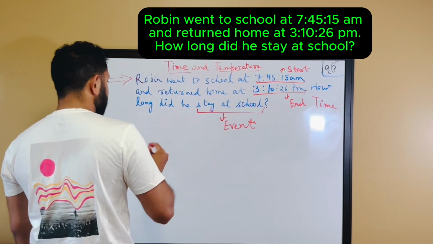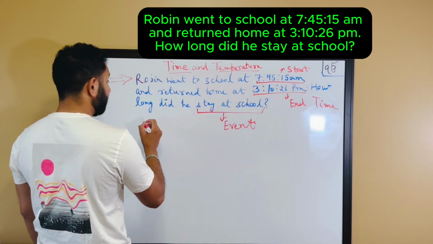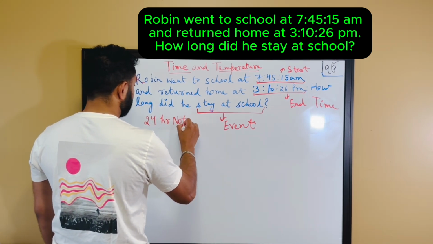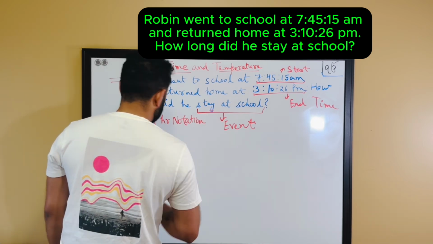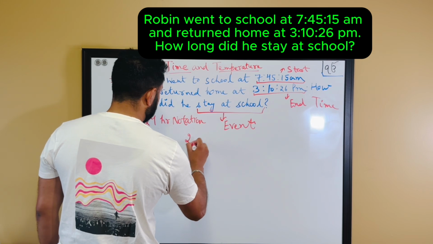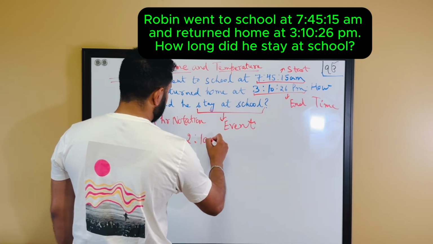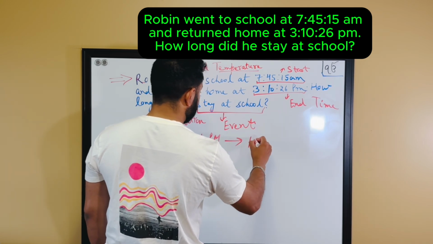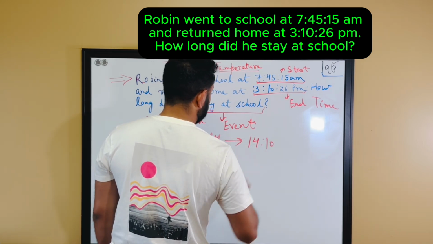And also we need to write everything in 24-hour notation. That means, for example, if we are given 2:10 p.m., how can we write it down in 24-hour notation? 14:10.